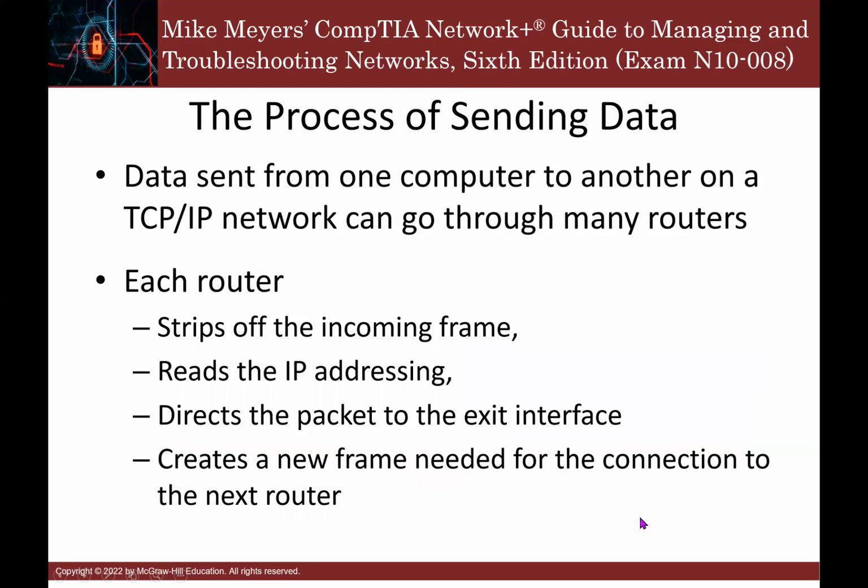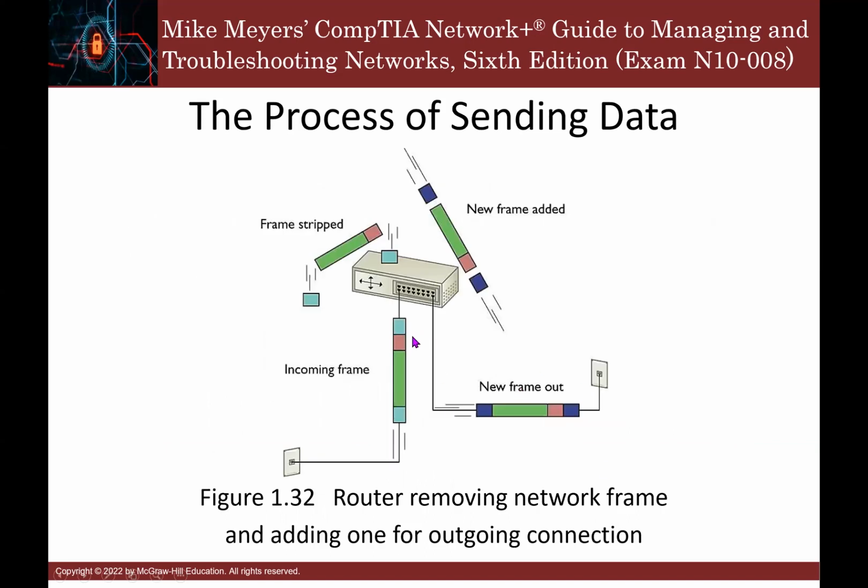Data is sent from one computer to another on a TCP/IP network, and it can go through many routers. So each router is going to strip off the incoming frame, read the IP addressing, direct the packet to the exit interface that is the right one for the destination network, and create a new frame needed for the connection to the next router. So this illustrates that process.